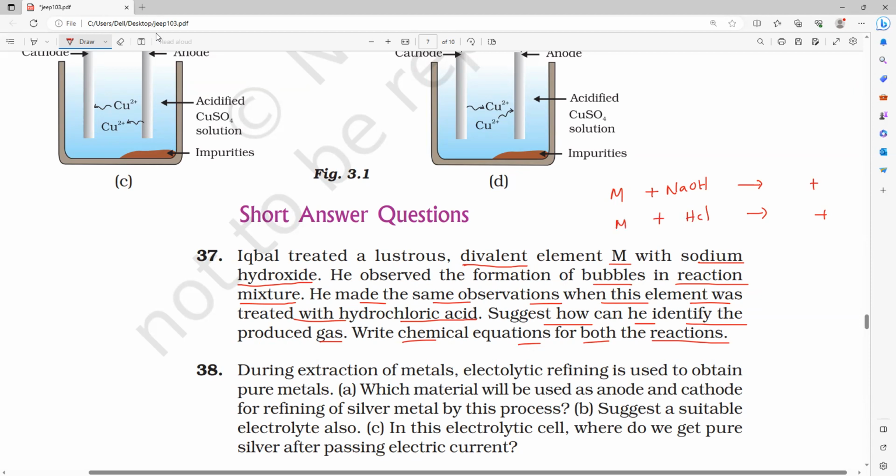Can you expect what the gas is? Anybody? Hydrogen. One time hydrogen gas with alkali, another time it is reacting with acid. So there is an equation for us. Metals react with acids to form metal salt plus evolution of hydrogen gas.